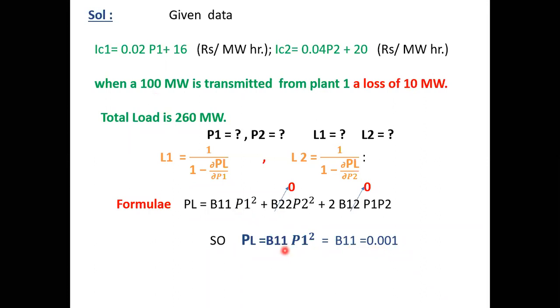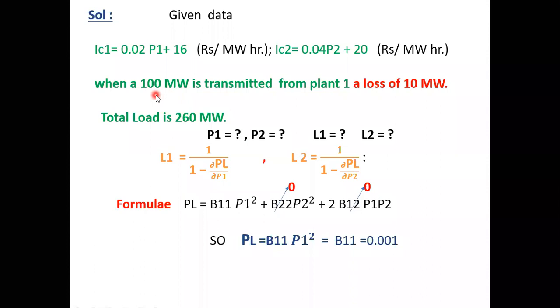But here the point is, PL we are taking as 10 megawatts and similarly P1 we are taking as 100 megawatts. This data is only present in the given problem for the calculation of B11 only. So once you calculate the B11 value, you should not consider loss equals 10 megawatts.